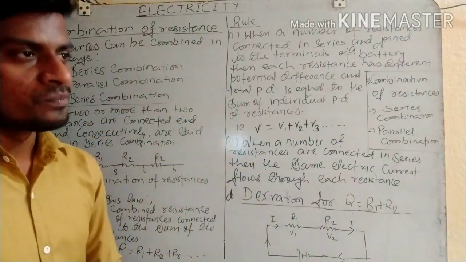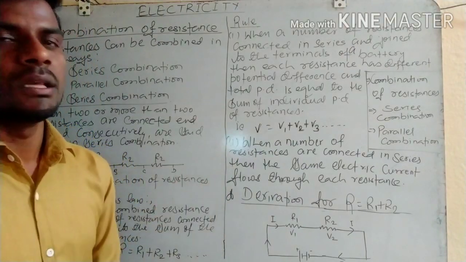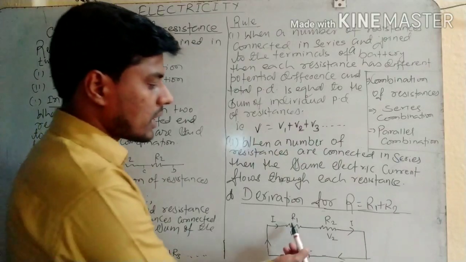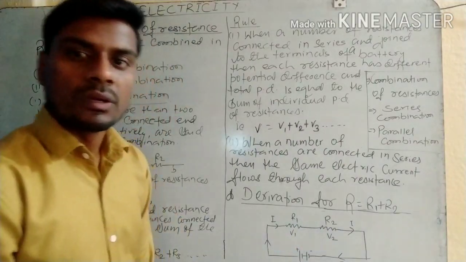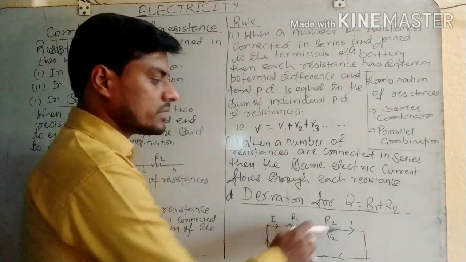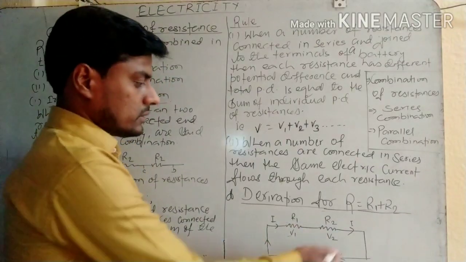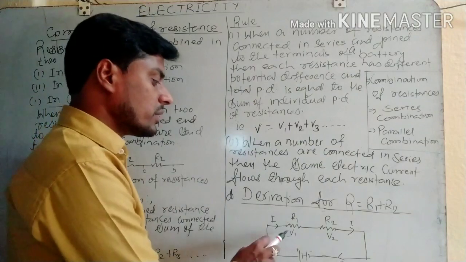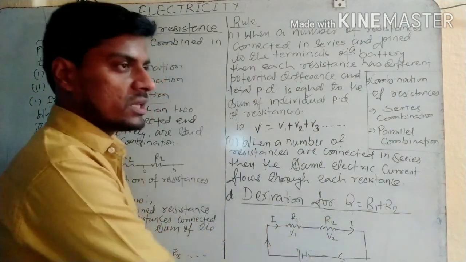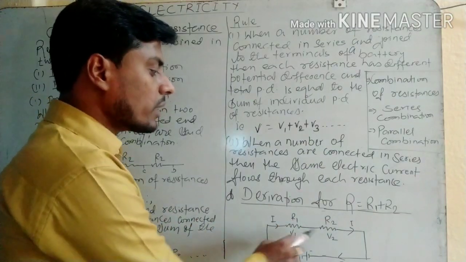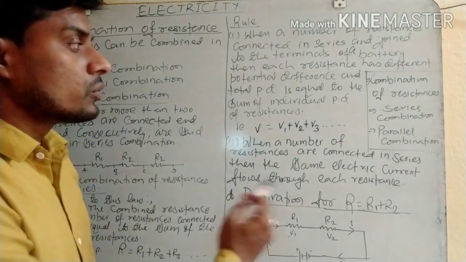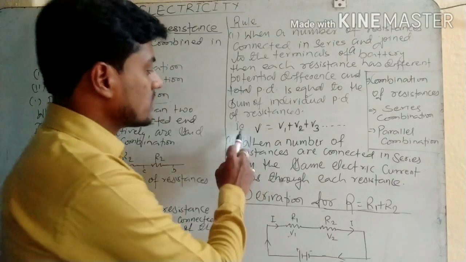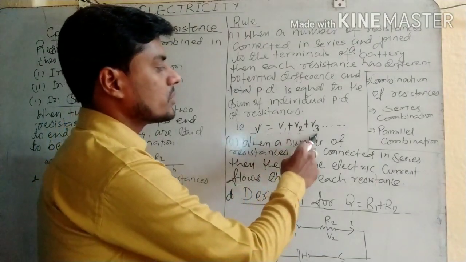For example, if R1, R2 and R3 are connected in series, and then this combination is connected to a battery, then the potential difference on each resistance will be V1, V2 and so on. So the total potential difference V, which is applied from the battery, is equal to V1 plus V2 plus V3.